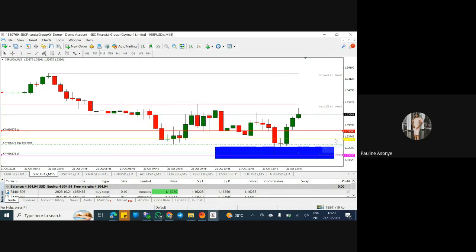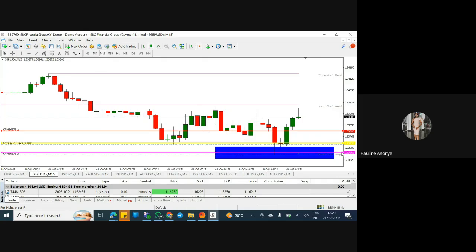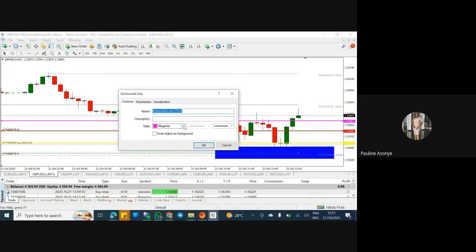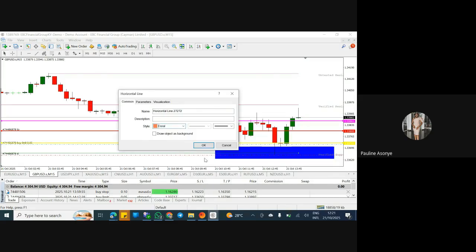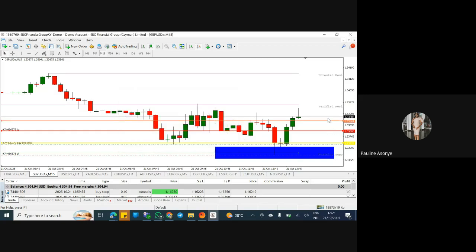Because we are selling and it's going downwards, this is where we are going to put our take profits. This is our stop loss. Let's change it to coral. Coral is almost like red, but that's fine. You can use it.